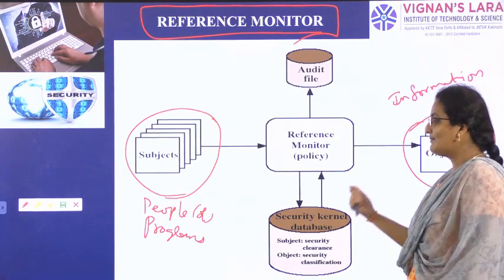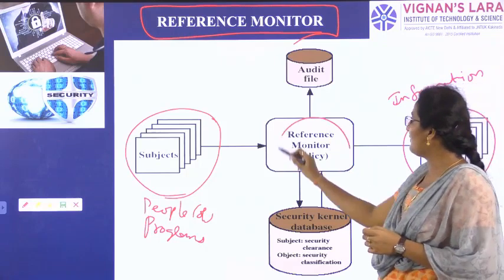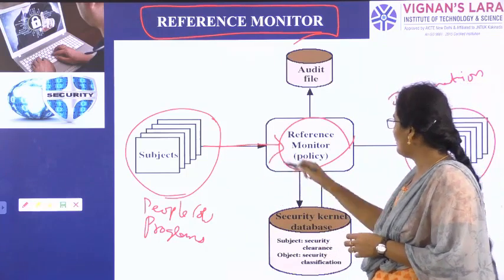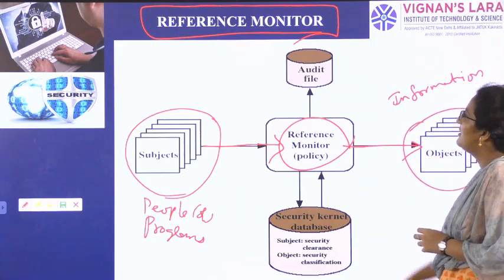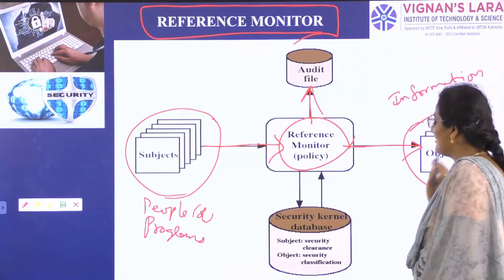As I told you before, subject is people or programs, object is information. So what will this reference monitor do? People or programs are handled by the reference monitor and they will get the information, the objects. There is an audit file on which audit is performed on this information.